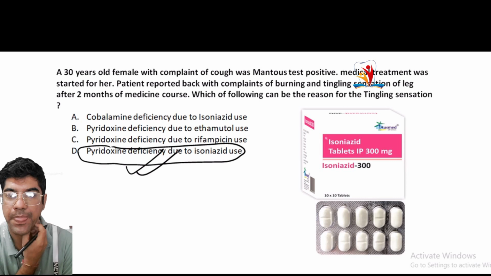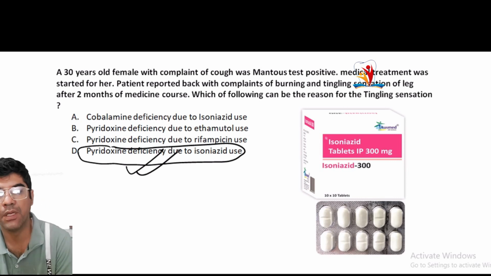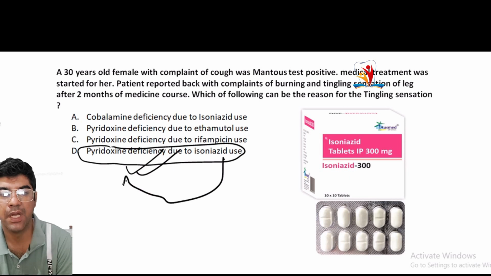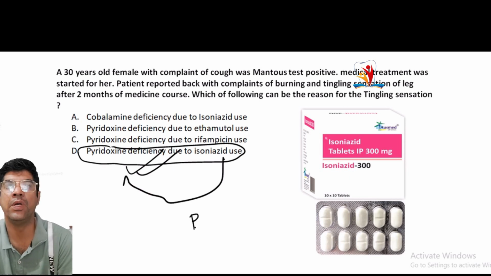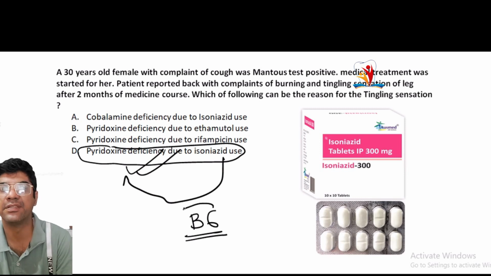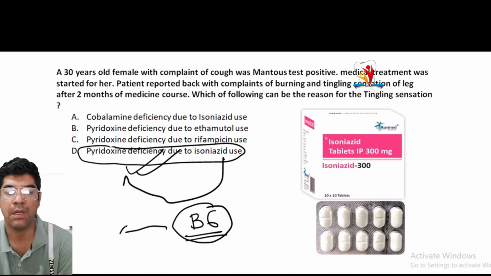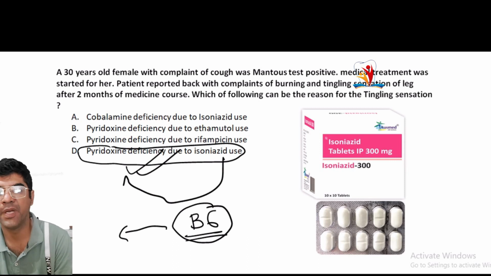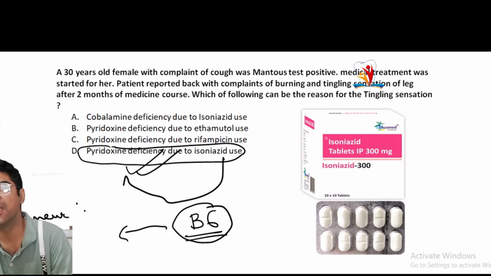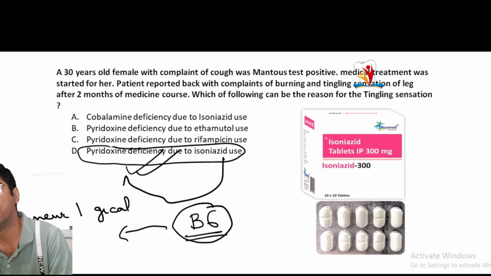So remember, isoniazid is a medication commonly used in the treatment of tuberculosis, and it is known to deplete the body of vitamin B6, that is pyridoxine. So with the loss of pyridoxine, what would one see? There would be neurological symptoms.